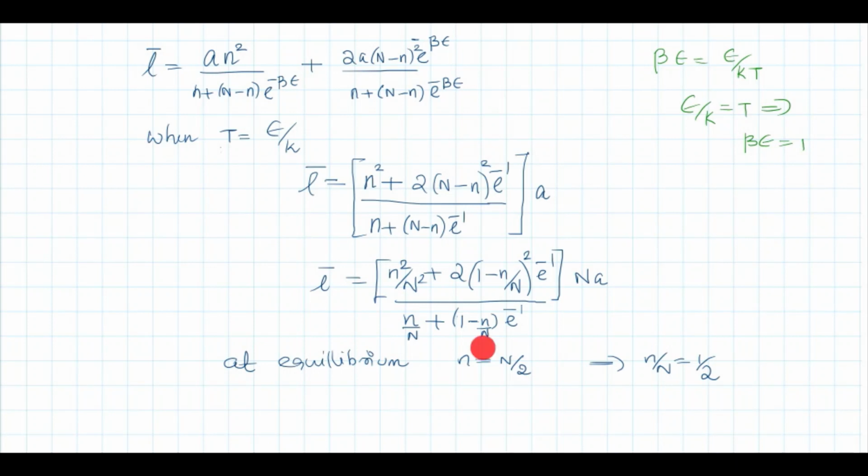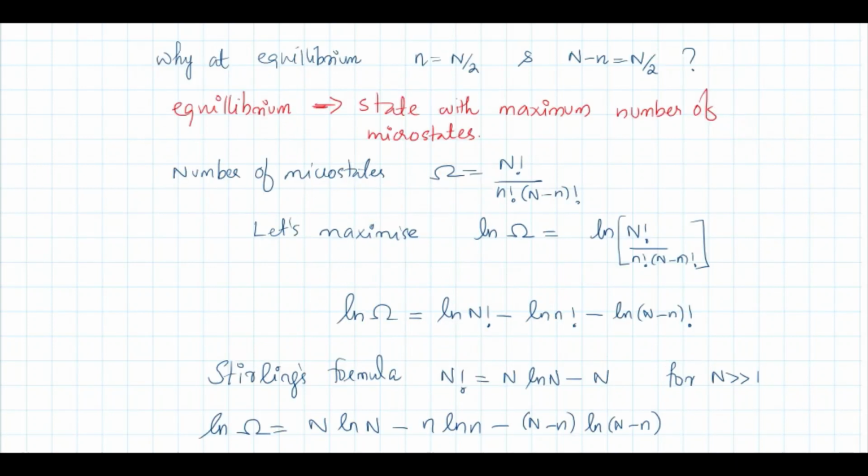Why? Because in statistical mechanics, you know that the equilibrium state is the one with the maximum number of microstates. For a system, the equilibrium state implies the state with the maximum number of microstates. What is the total number of microstates in this case? There are only two possibilities: monomers with length A and monomers with length 2A.